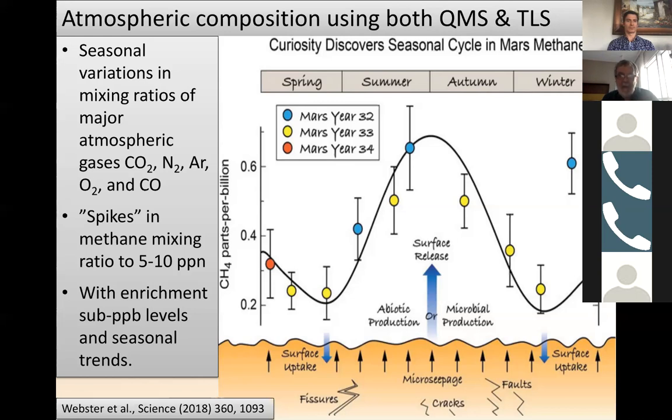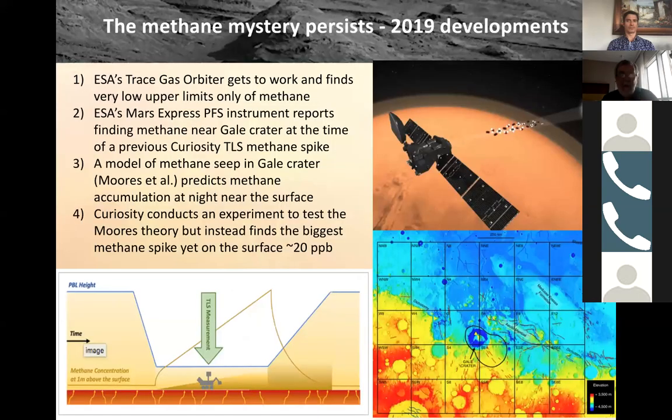For example, if there's a little bit of a seep of methane from below the surface, then the temperature of the surface might be able to modulate the methane that's being released from the seep. But the story gets more complicated. I'm getting ready to wrap this up here, but a lot of work has happened very recently, in the last year and this year.